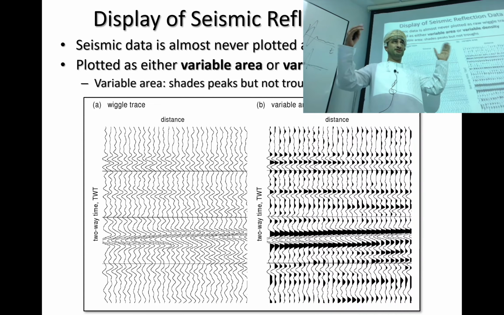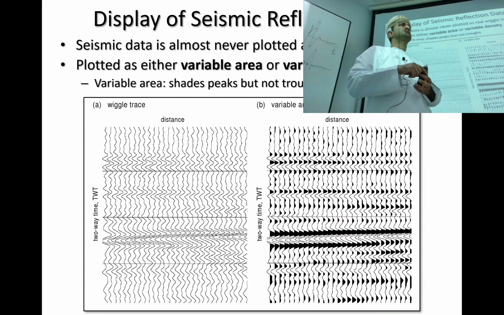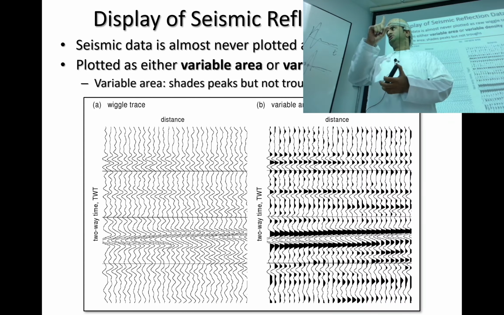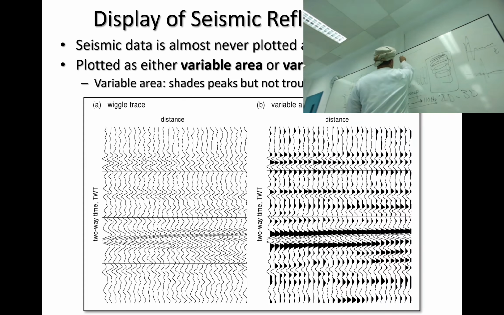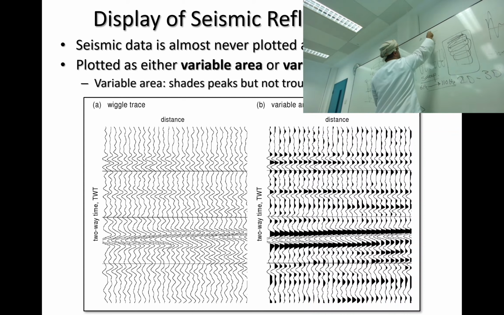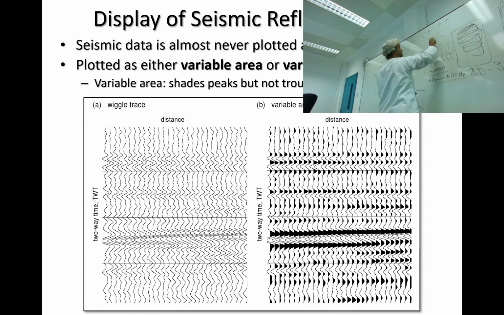Each CMP gather will produce how many traces? One trace. What I mean by CMP gather: this is a source, receiver, 1, 2, another one. Let's say there is also one here.